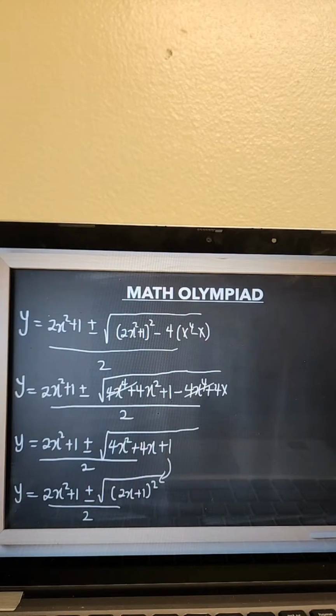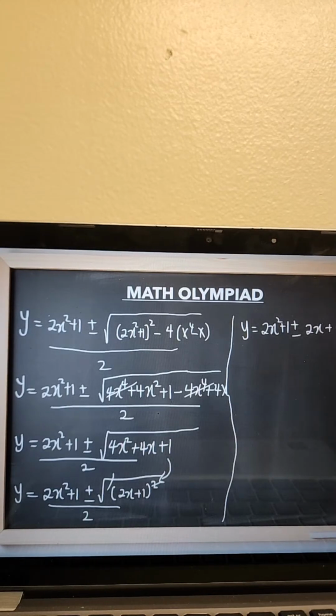And from here, solving this further, here you can see y equals to 2x squared plus 1 plus or minus. The square root is going to cancel out the square. So here we have 2x plus 1 all over 2. Now we're going to have two values for y.